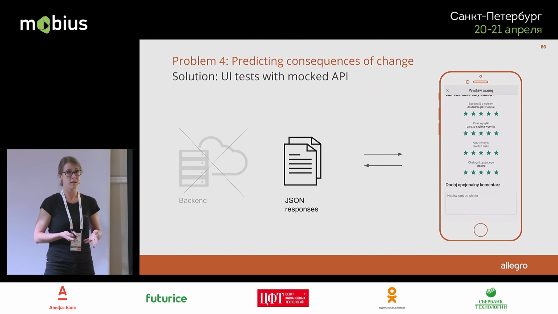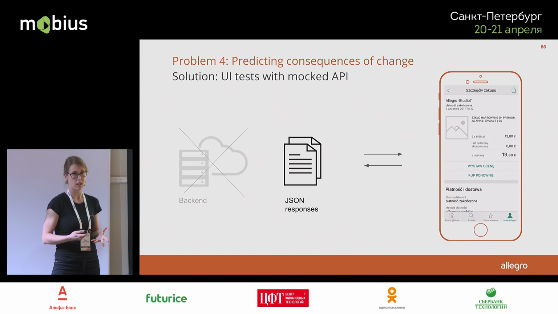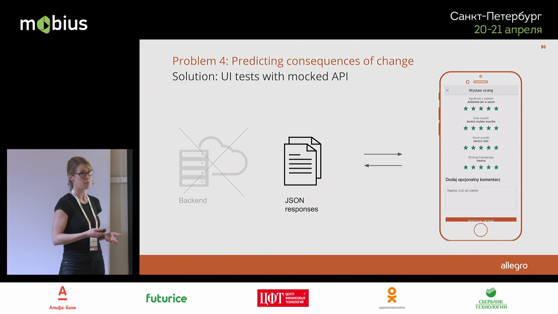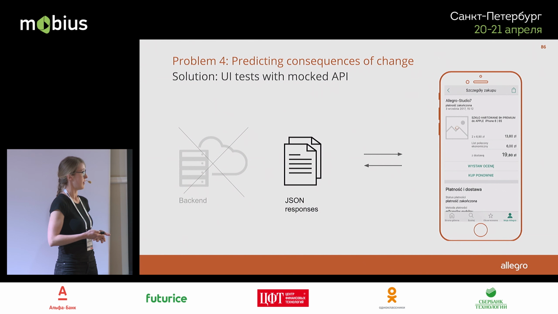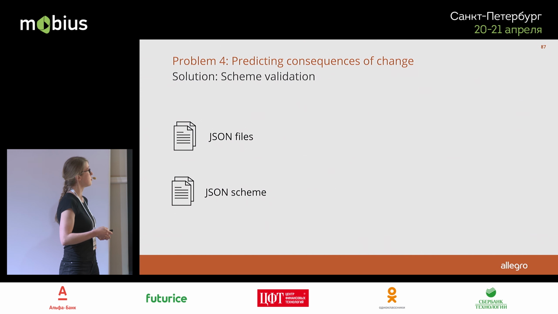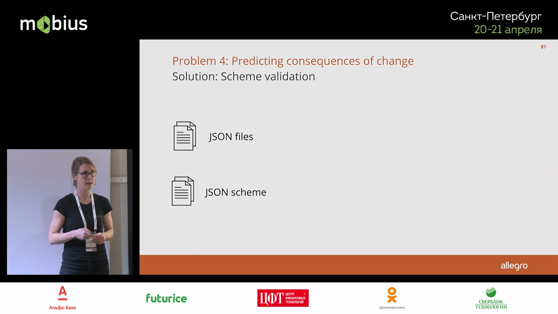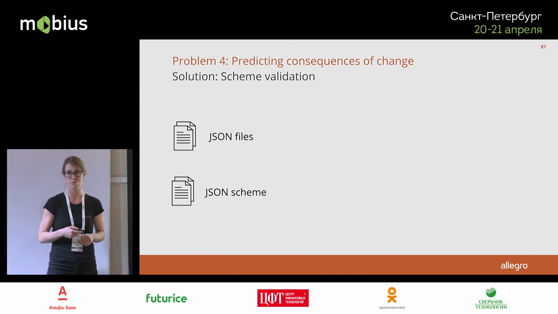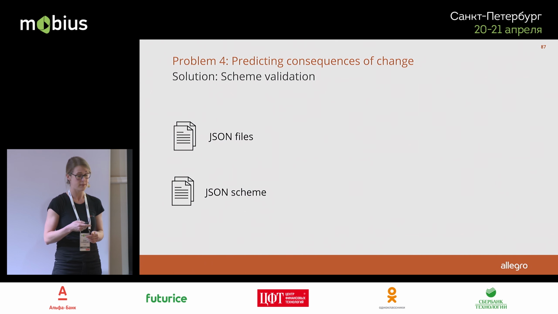So we knew that this kind of approach brings one risk. For example, what if something changes in the backend, and this change is not reflected in our safely stored JSON files? So because of this issue, we are performing schema validation. So here are our JSON files in our repository, based on which we create a JSON schema. The schema contains information about response structure, variables presence, and their types.